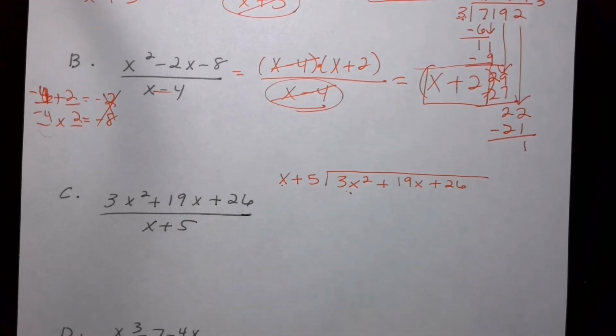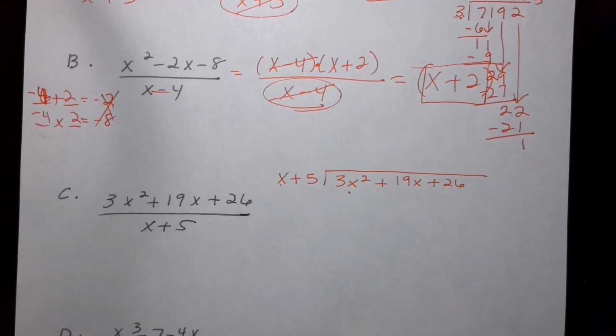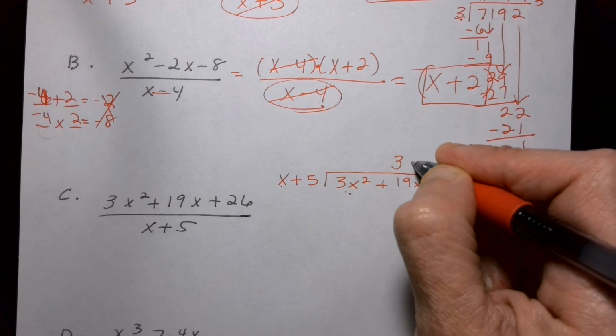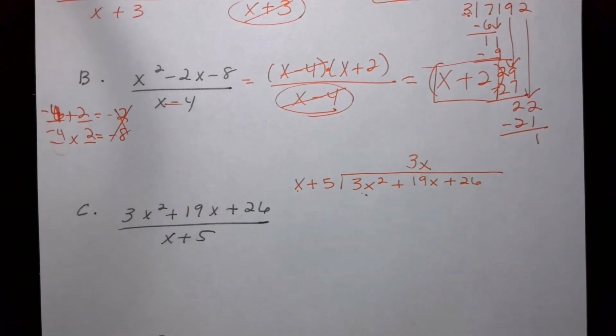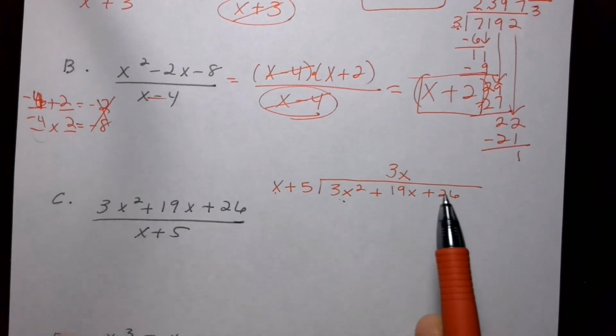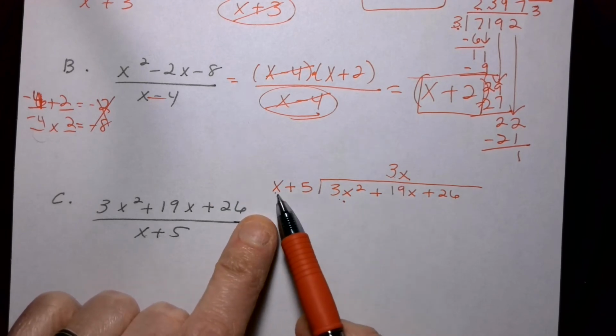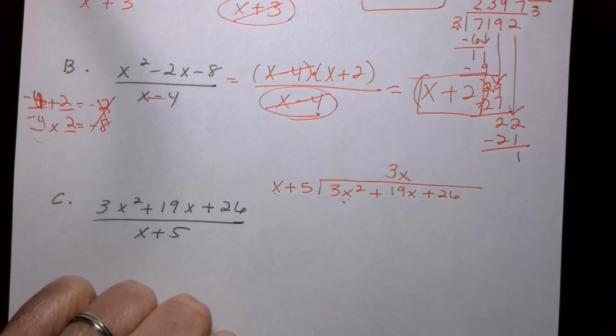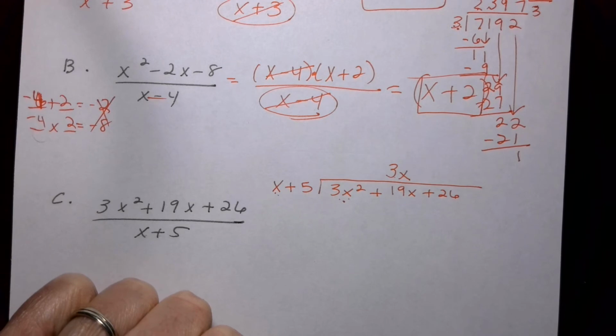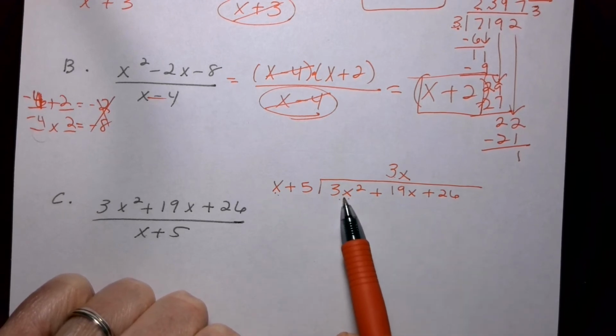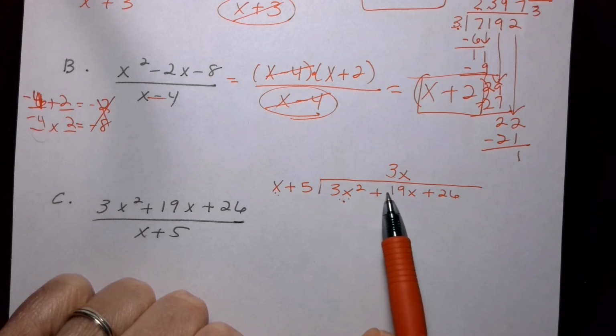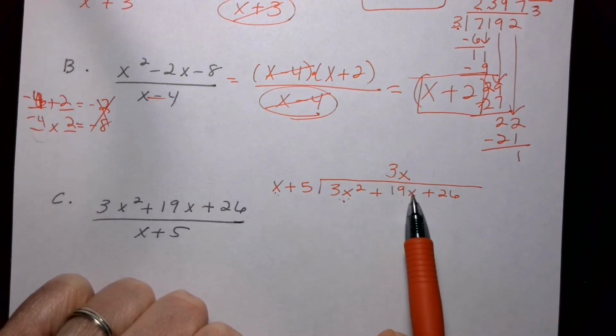X times what? And the answer would be 3x. Okay, I want to stop there for a minute. Do you see that? 3x times x is 3x squared. Do you agree? I want you to notice now where I put it. I didn't put it above this one. Okay? I put it above the one that has the x.